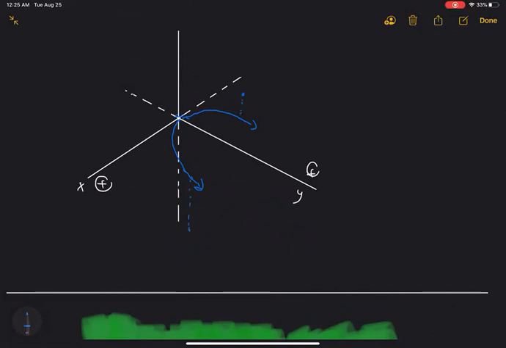So really, my surface is this kind of parabola that stretches vertically.